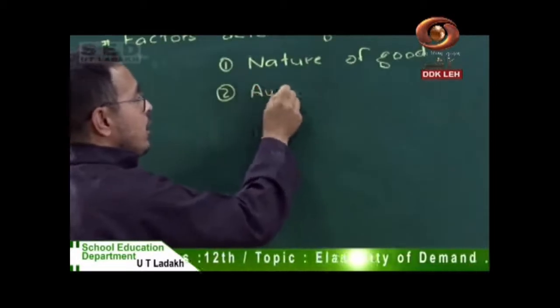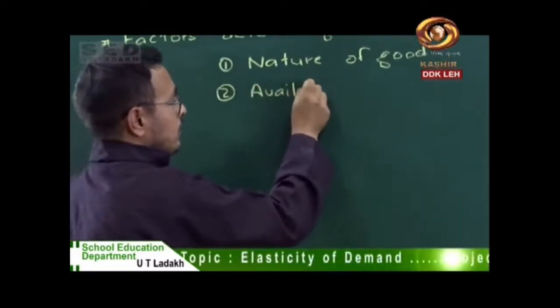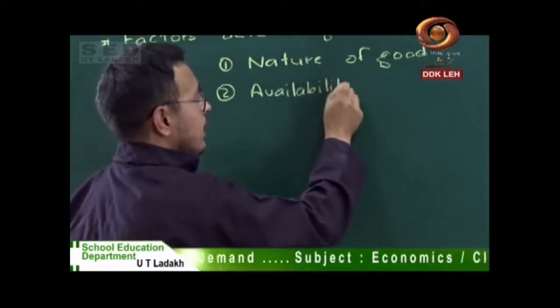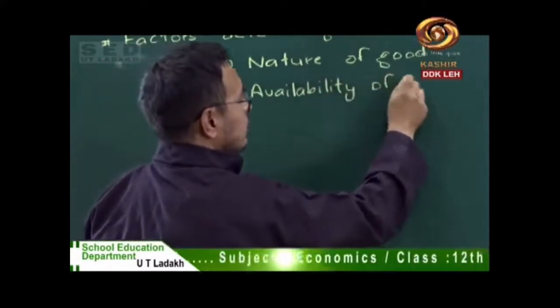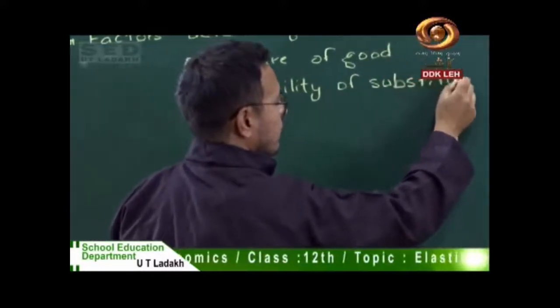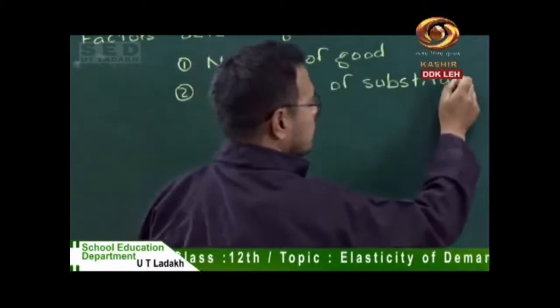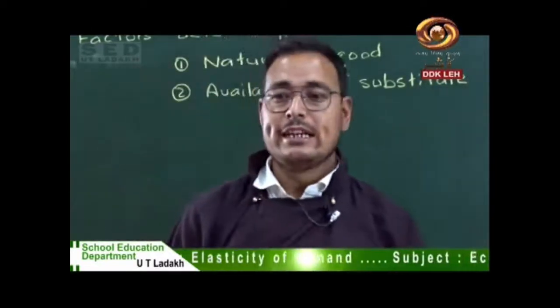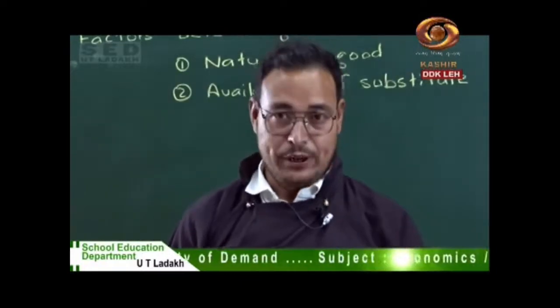The second determinant is availability of substitutes. Any good that has substitutes will be elastic.